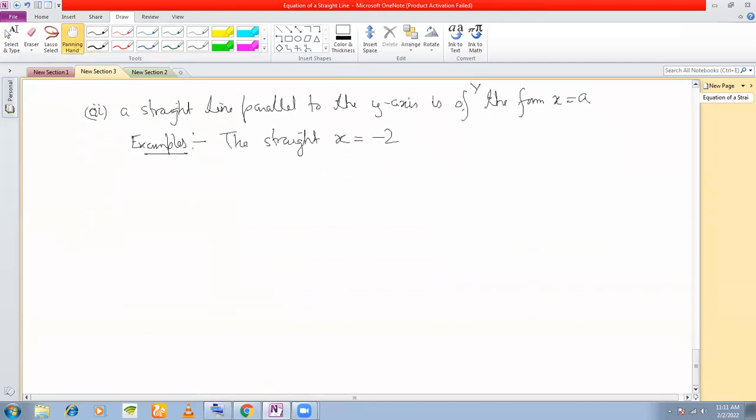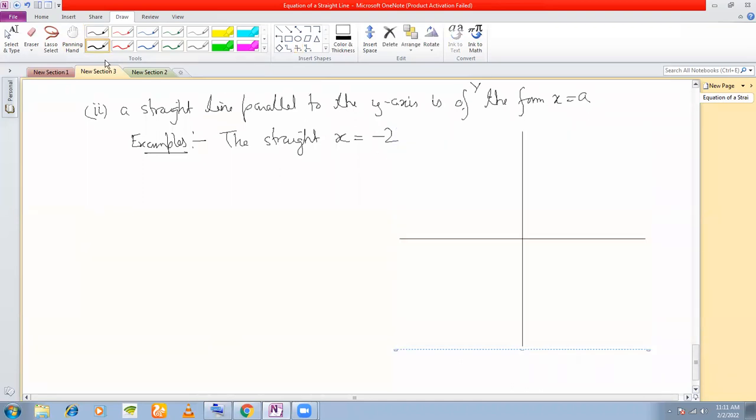How are we going to draw the straight line? See that this equation x is equal to minus 2 is of the form x is equal to a, isn't it? So therefore, this line must be parallel to the y-axis. And you see x is negative, minus 2. So we move in the negative direction, 1, 2.